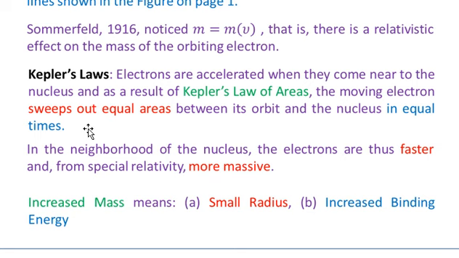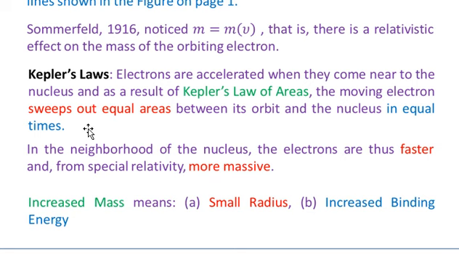So when the electron is very close to the nucleus, it is accelerated because it has to sweep out equal area in equal time. Since it is very close to the nucleus, in order to sweep out an equal area, the electron has to be accelerated so that it can cover a longer path of the orbit in the given amount of time.